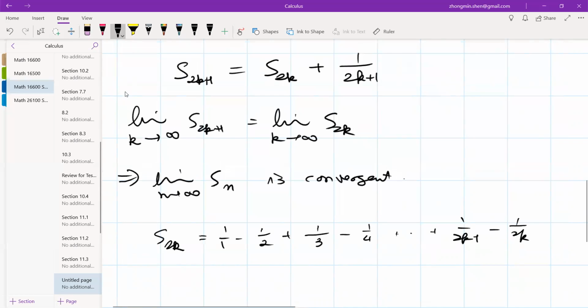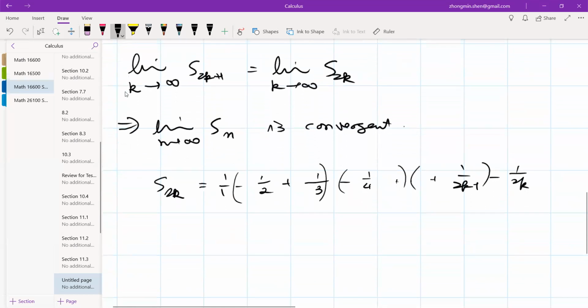If I regroup them in this way, then each grouped term is always negative. So this is going to be less than or equal to 1 minus 1 over 2K. So this is the upper bound.